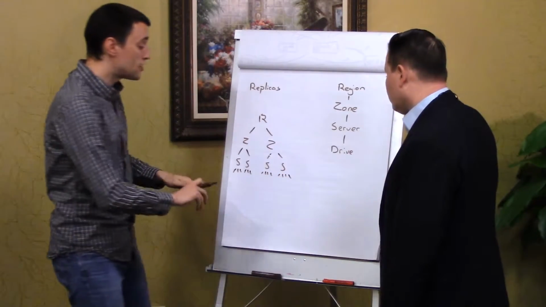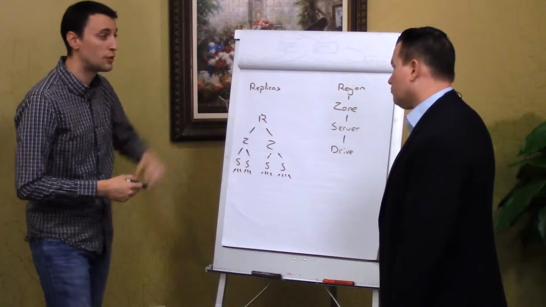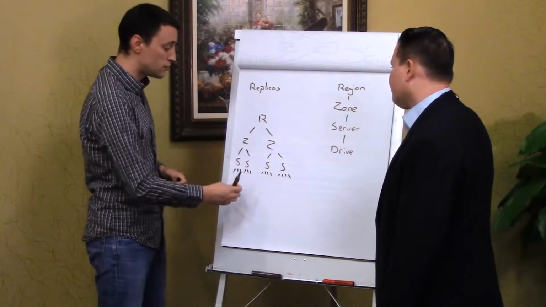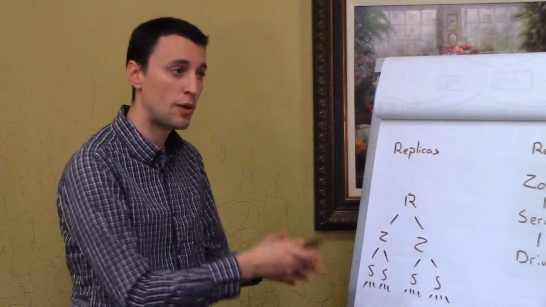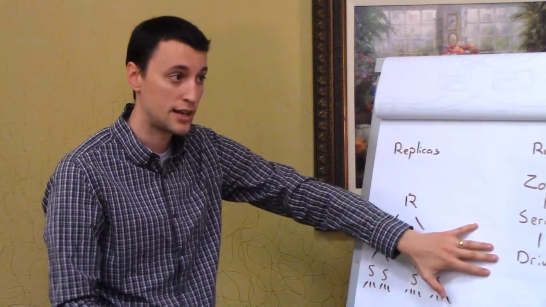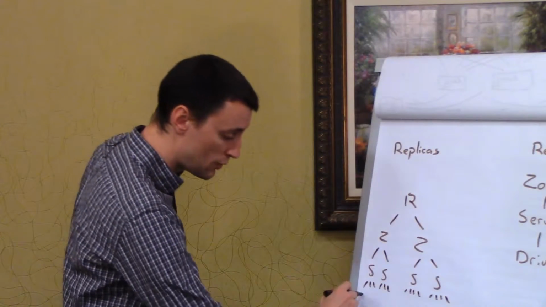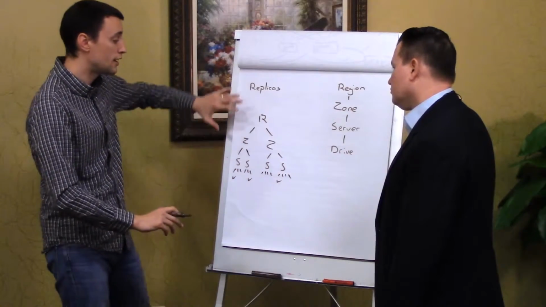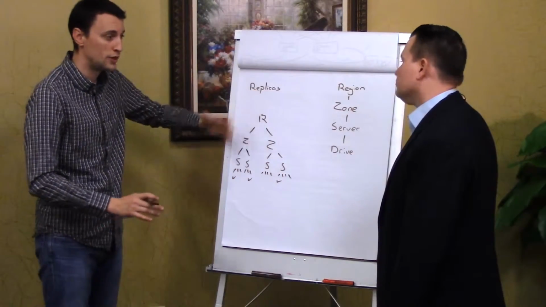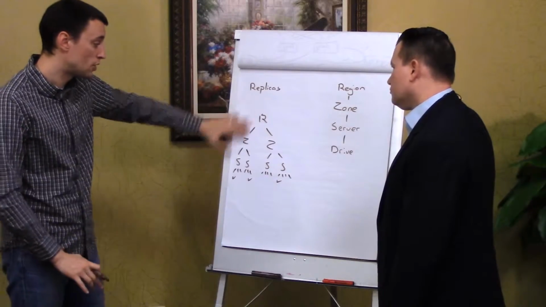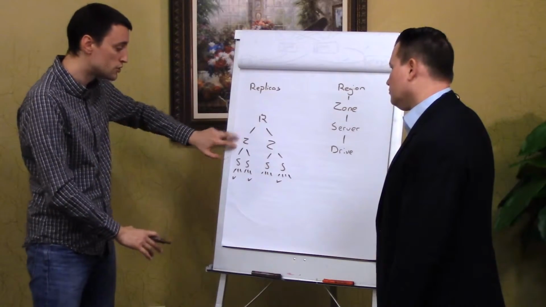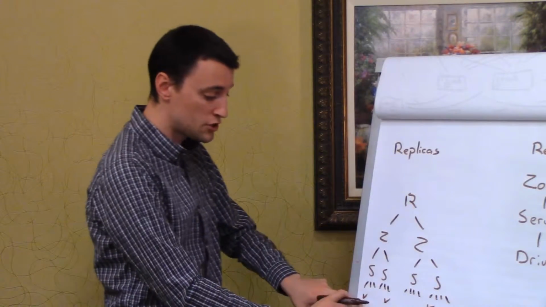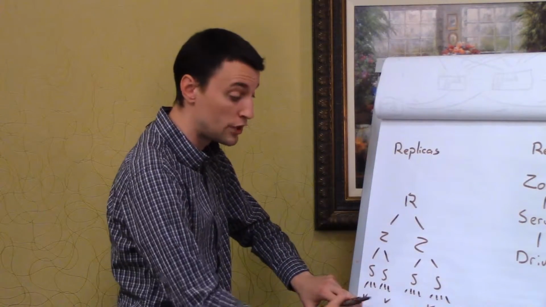So if you're storing 3 replicas of your data inside of Swift, it's going to place those 3 replicas as uniquely as possible across this hierarchy, so that you have it on different servers in different zones and, if available, different regions. In this particular example, we've got one region with two zones and a lot of different drives plugged into different servers. So we're going to first make sure it's on different servers, different hard drives.